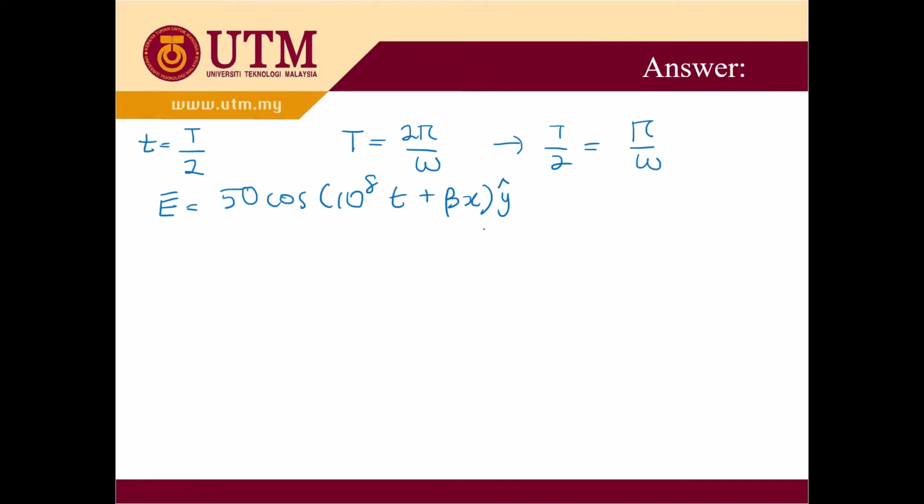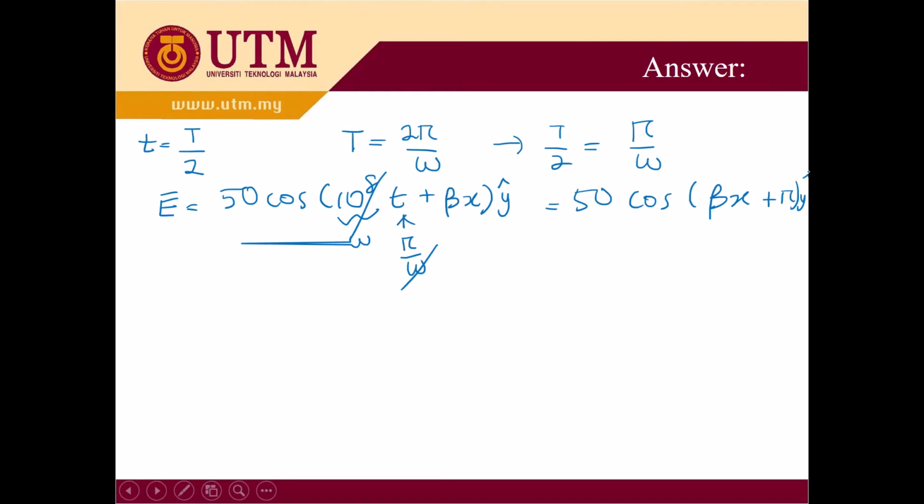So put t equal to π over ω. Here is also omega, so we can cancel here. So we got 50 cos(βx + π).